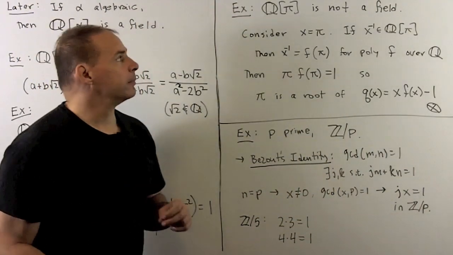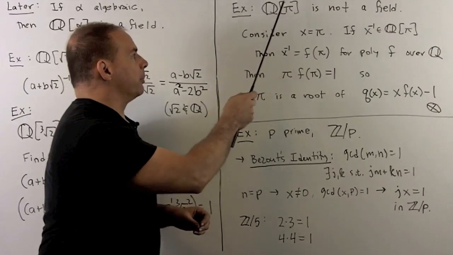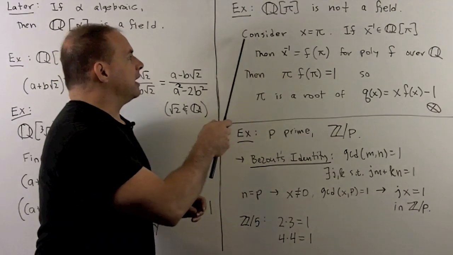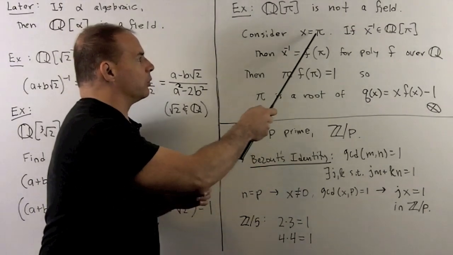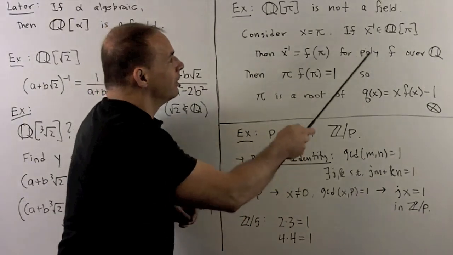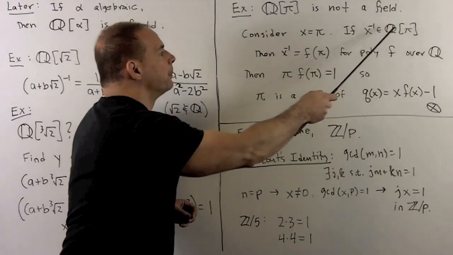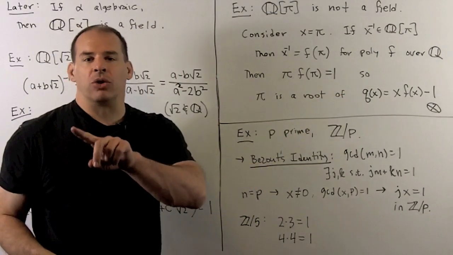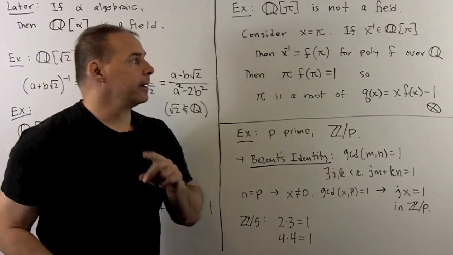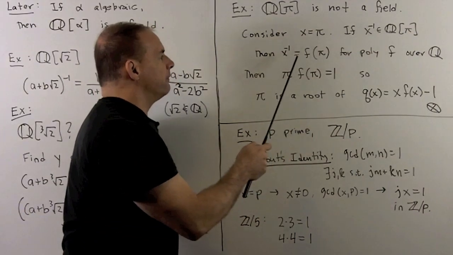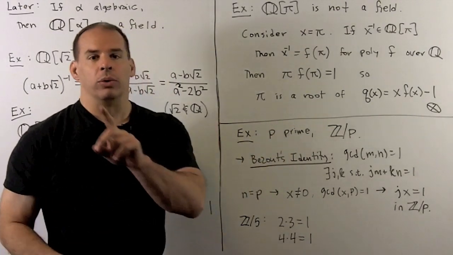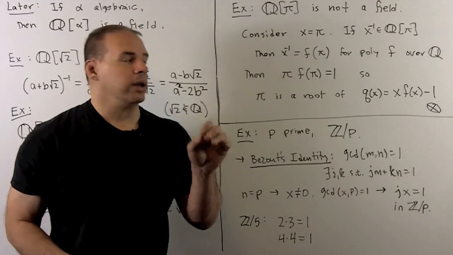To contrast, let's take Q adjoin pi. This is not a field. So the idea here, let's consider the element x equal to pi itself. If we assume that x inverse is in here, that would mean I could write x inverse as some polynomial of pi. If this element existed, then we multiply that by pi, we get a 1.